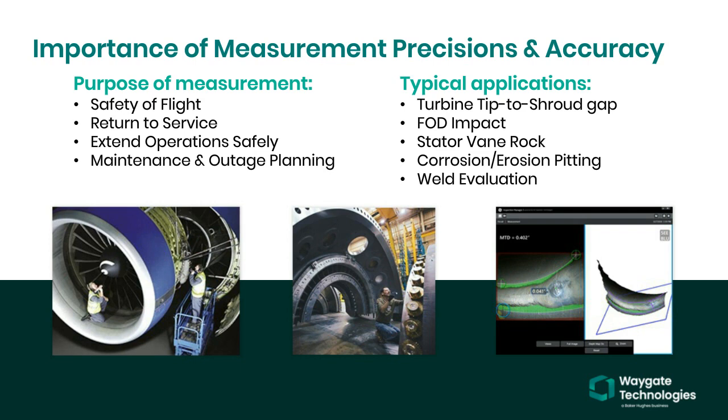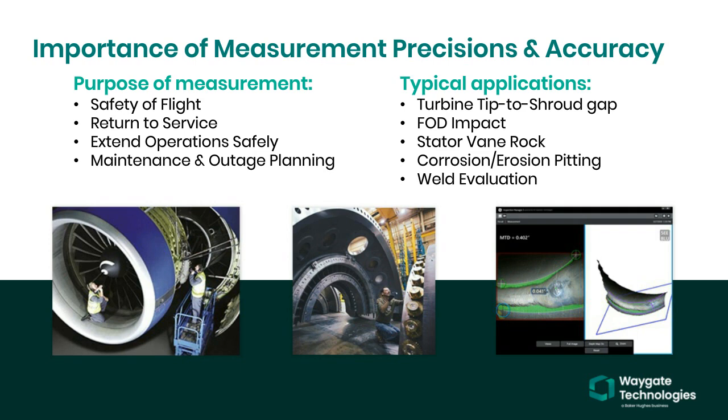And when people think of sizing an indication to determine those things, they're doing it in multiple different asset types, whether it be in turbines where they're looking for the blade tip to shroud clearance, or whether a FOD impact, foreign object damage, has caused damage beyond limits. In some cases, parts like stators will start moving, and there's a stator rock inspection that is required.